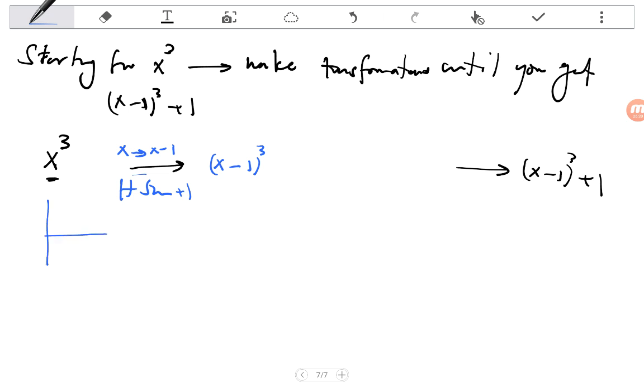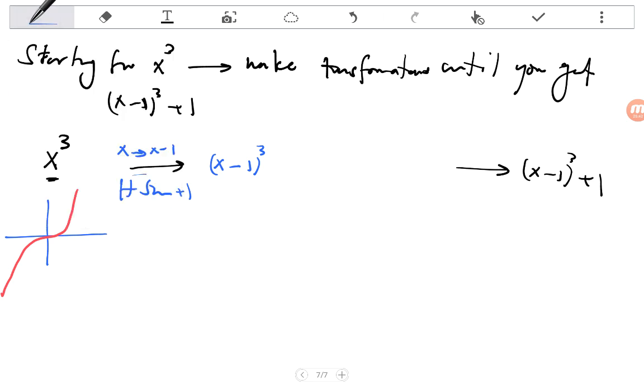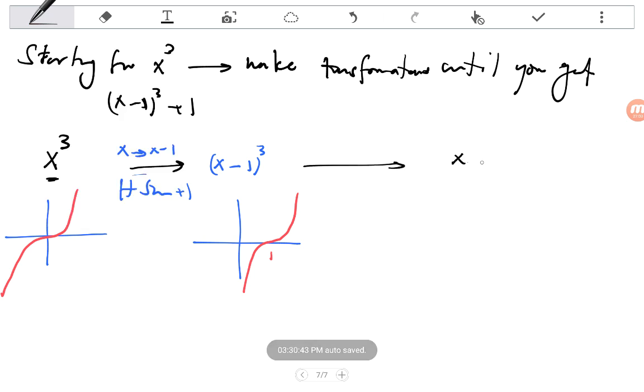Do I know the graph of x cubed? Yes, I know the graph of x cubed, which is like this. Now what is the graph of x minus 1 all cubed? It would be shifted 1 to the right, so it would be like this, at 1. Now I just want one transformation that gives me x minus 1 all cubed plus 1.